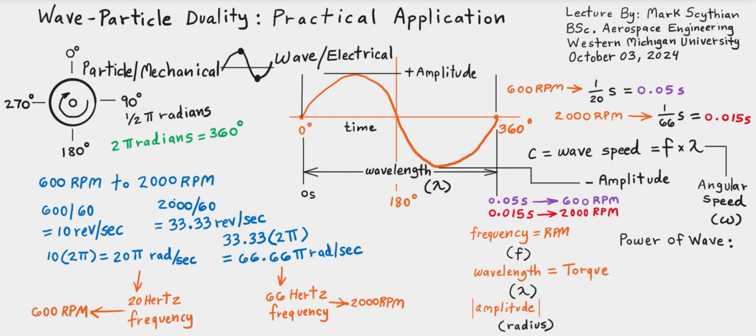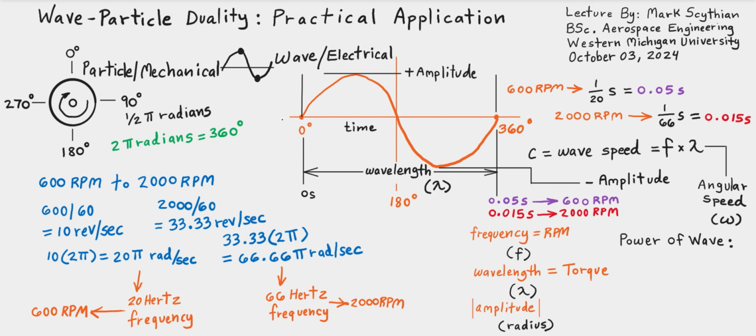And 2000 RPM, we divide it by 60 seconds, 33.33 revolutions per second. So 33.33 times 2 pi is 66.66 pi radians per second.